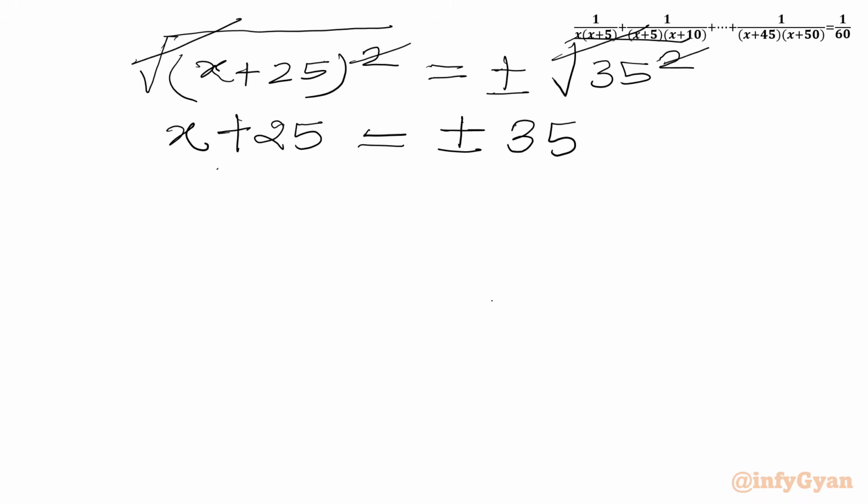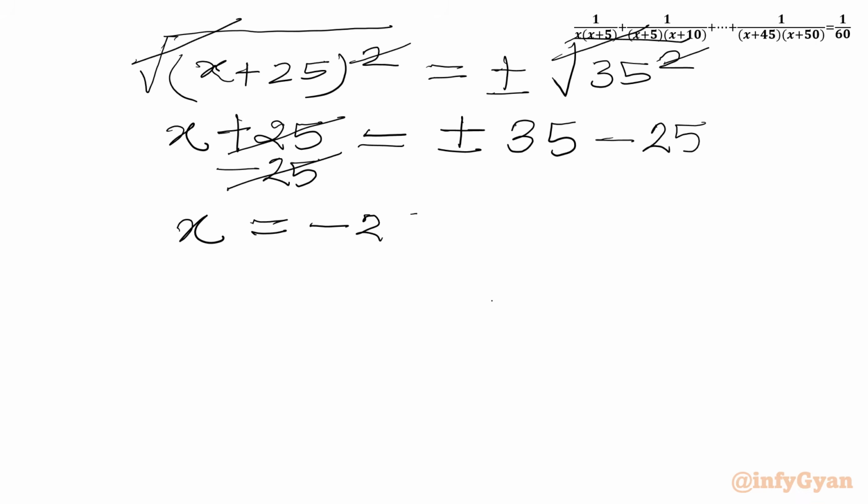Now we'll subtract 25 from both sides. So we'll write minus 25 on the RHS also. Plus 25 minus 25 will get over. We will write x on the LHS, and on the RHS we will write minus 25 plus 35, and the second solution would be minus 25 minus 35.